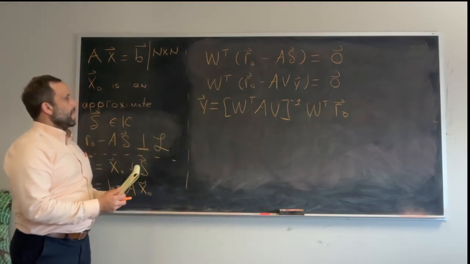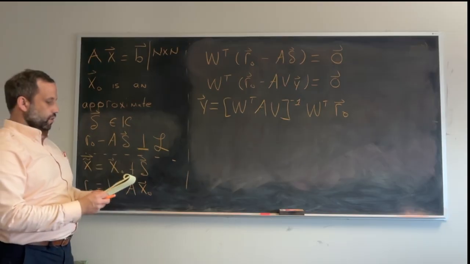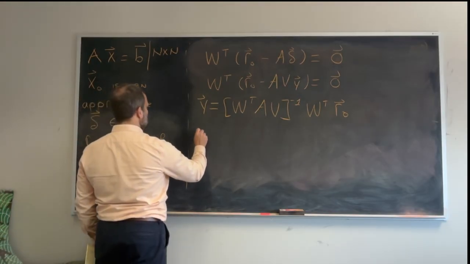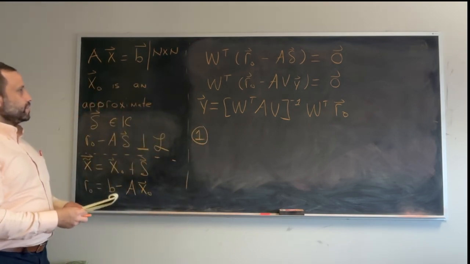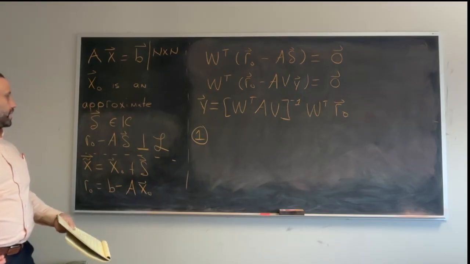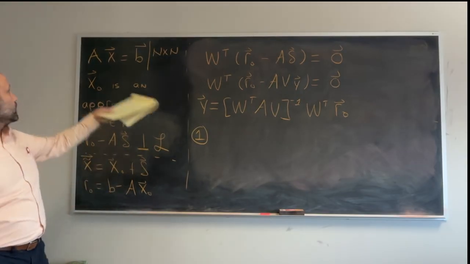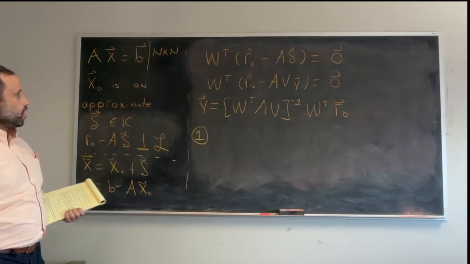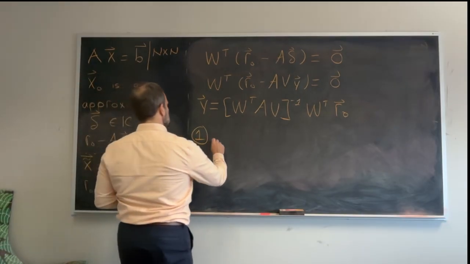Now we're going to give conditions on which that matrix is invertible. This is proposition 5.1 in the book. I'm not going to prove it, I'm just going to say it. This matrix is invertible, where the columns of W are any basis for L, the columns of V are any basis for K, and A is the matrix that we're trying to solve. This matrix is invertible if either of these two conditions hold.